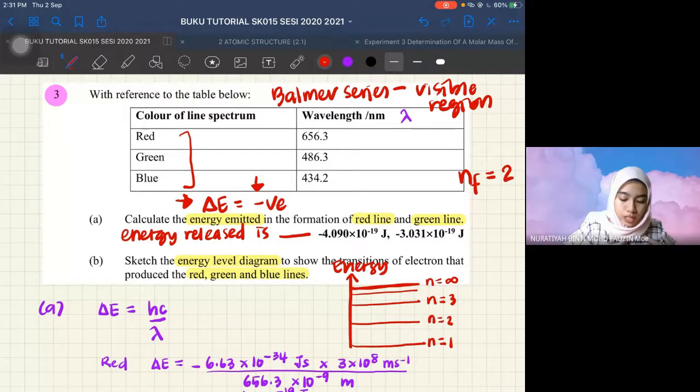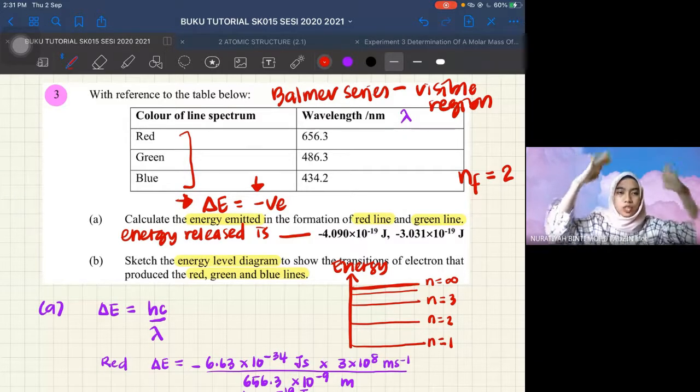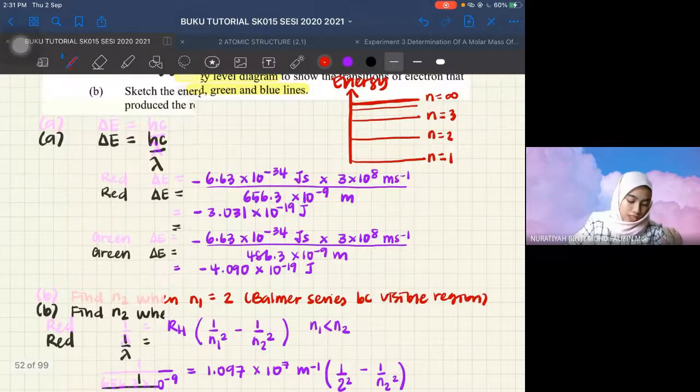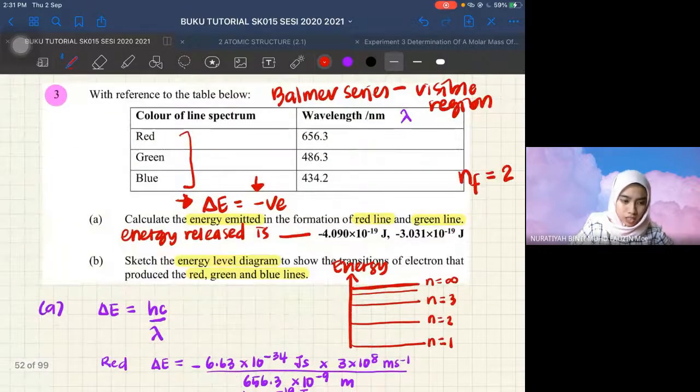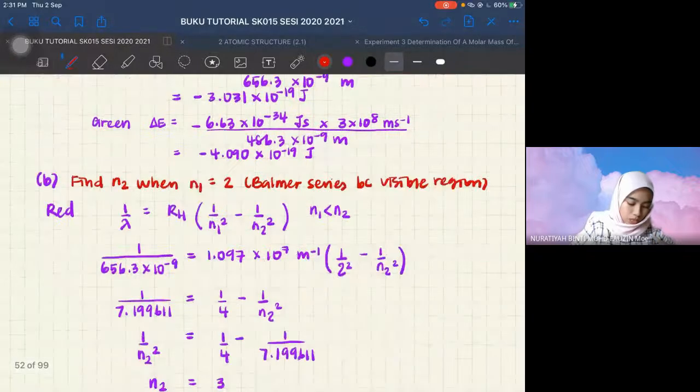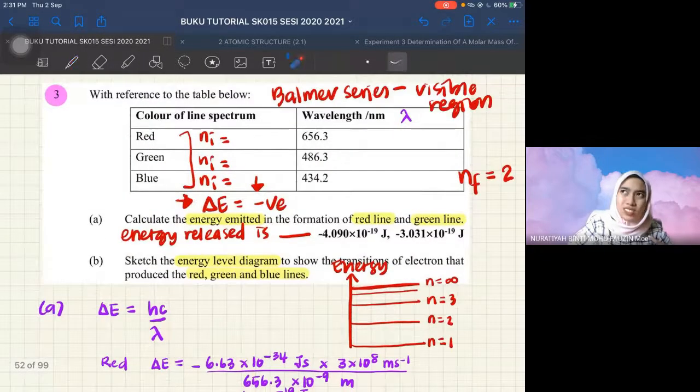Now let's find the initial n, or n1, for the red line, green line and blue line. Your final n, or n2, is already known. It is 2. So we will use the formula, since we are given the wavelength. Simple.